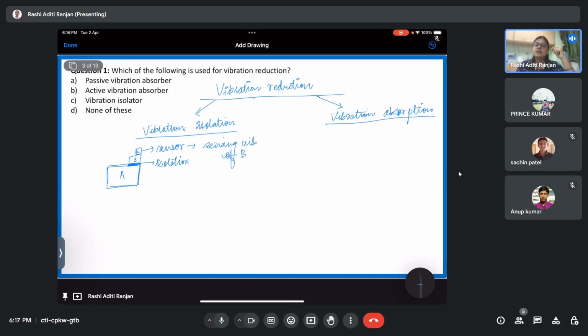Second comes vibration absorption. Vibration absorption means that I apply some absorption technique, like a viscoelastic material or rubber, in order to mitigate the vibration. So what would I do?